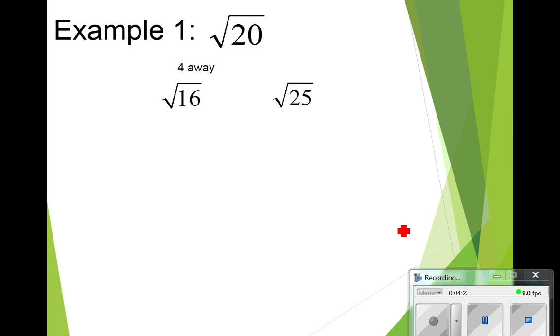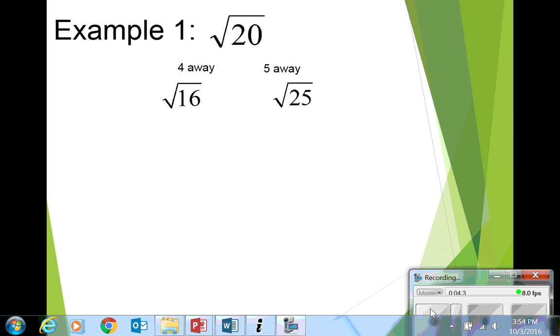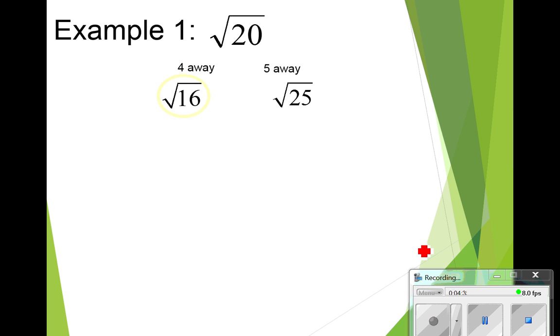And then if I want to know how far the square root of 20 is from the square root of 25, it is 5 away. Because 4 is obviously less than 5, that means the square root of 16 is closer. So if you were asked, what's the closest perfect square to square root of 20, you would say square root of 16.